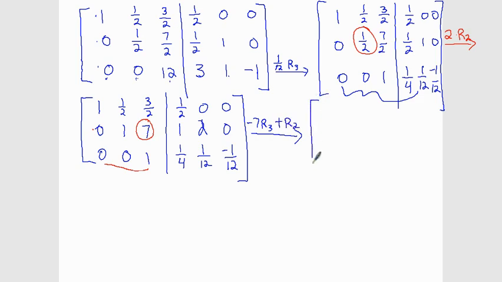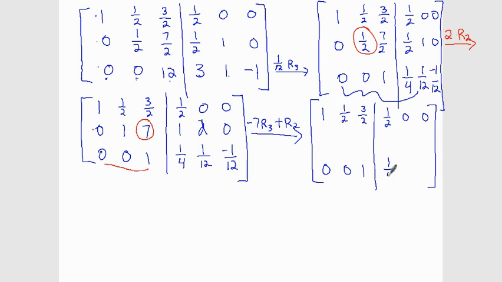So once again, row 1 is not changing. If you notice, I like to save row 1 for last. Once I get that initial 1, I like to save the rest of it for last. It's just easier that way. So 0 and 0. And then this isn't changing, 0, 0, 1, 1/4, 1/12, and negative 1/12.